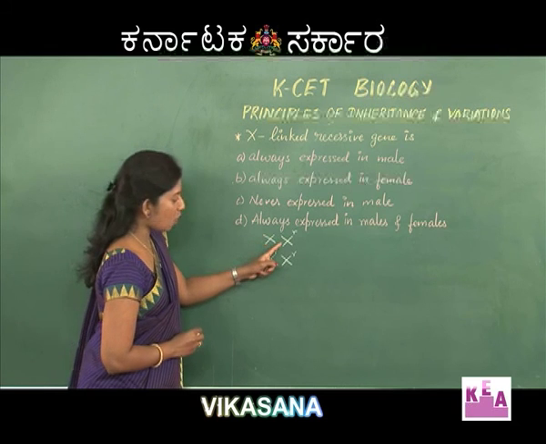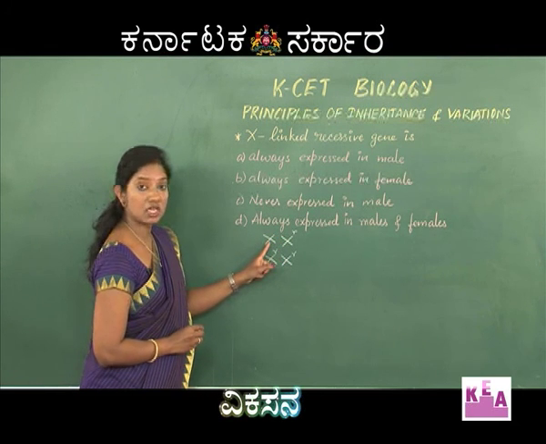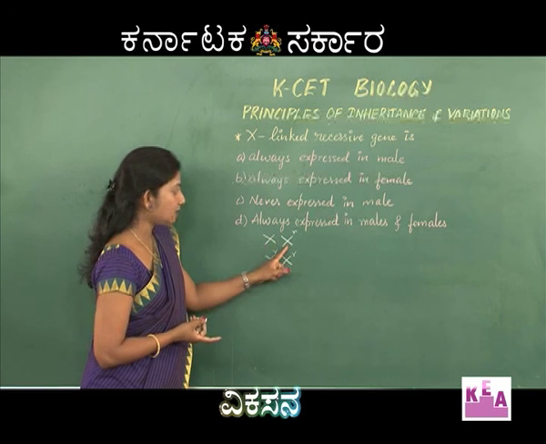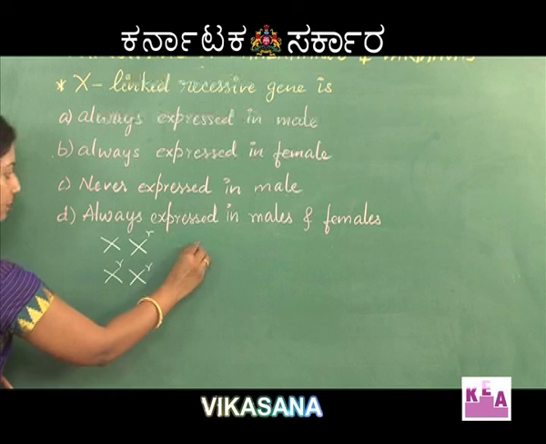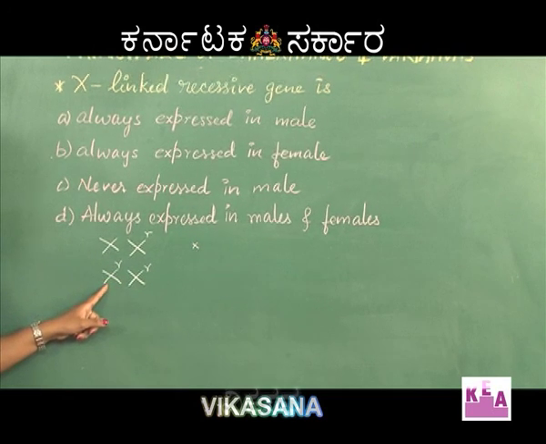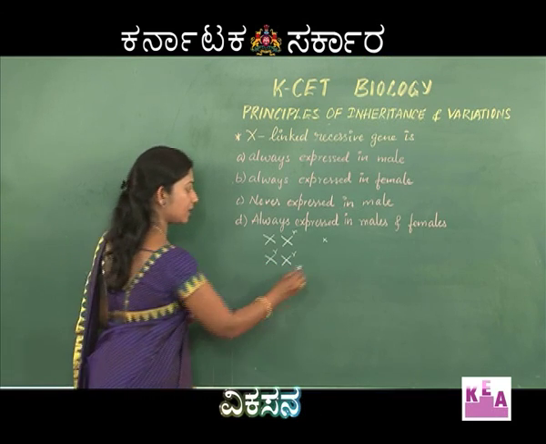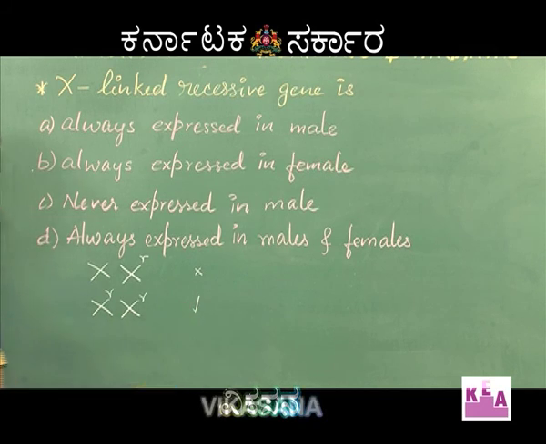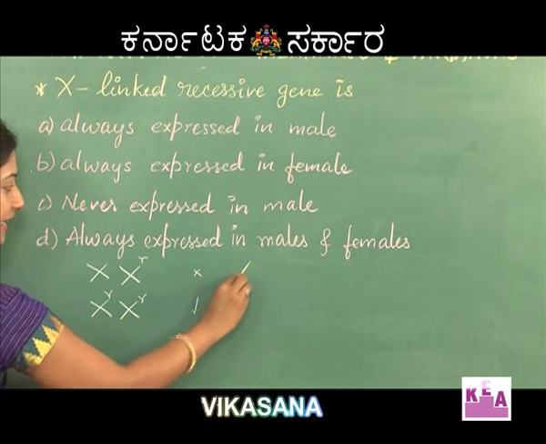If it is present on only one chromosome, then the dominant gene will express and the disorder will not be expressed. In this case, since there is no dominant gene present and both the genes are recessive, the disorder will be expressed. Now let us see the case in male.